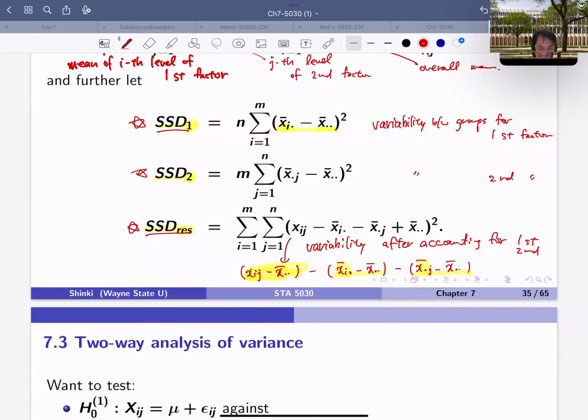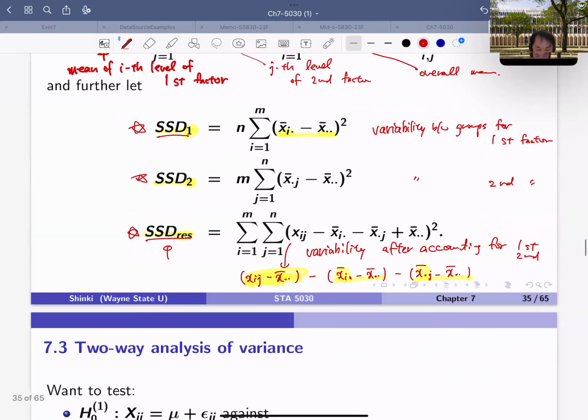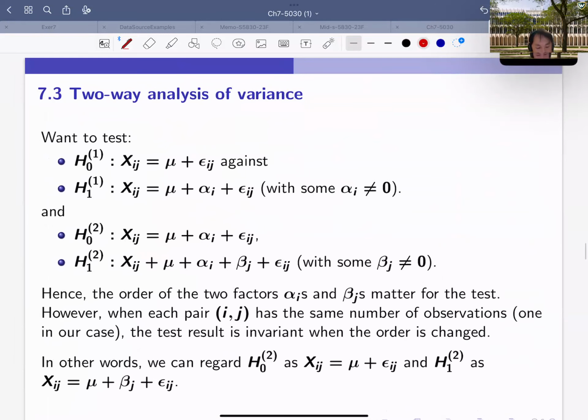And if SSD2 is large compared to the size of intrinsic errors, then we can say the second factor matters for these x_ij's. Based on these three quantities, we can test null hypotheses. And these are the tests that ANOVA does. So we have several different ways to do ANOVA, but this is the most common setting.